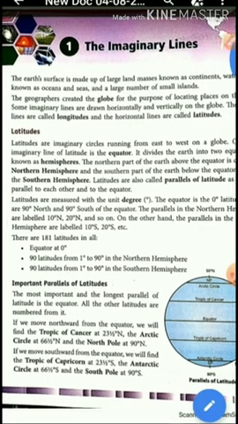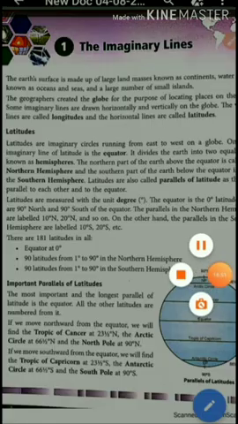For example, the equator. The equator is the largest latitude on the globe, and the equator also divides the earth into two halves. The northern part of the equator is known as the northern hemisphere. The southern part is known as the southern hemisphere. Latitudes are measured in degrees. There are 181 latitudes on a globe.